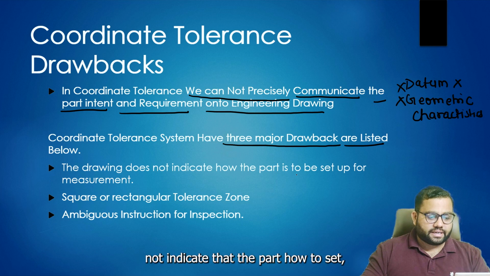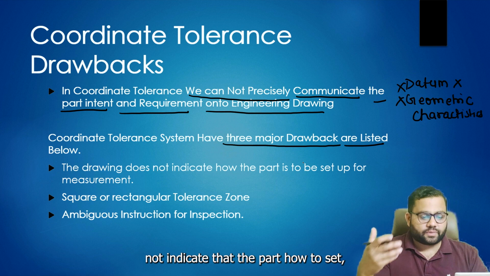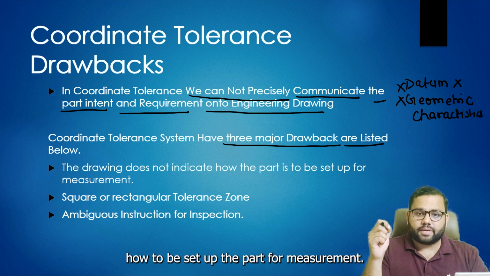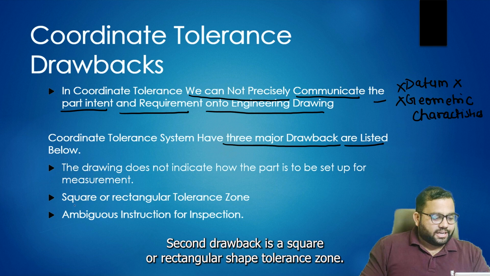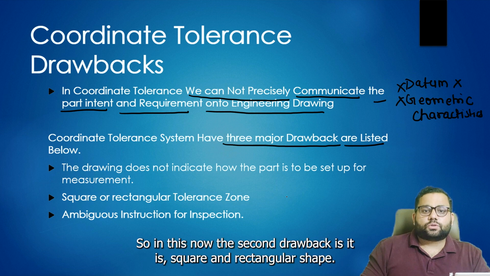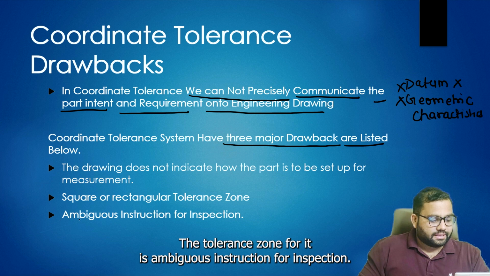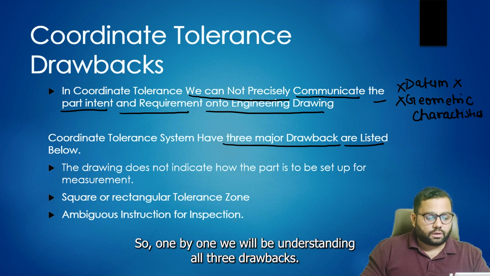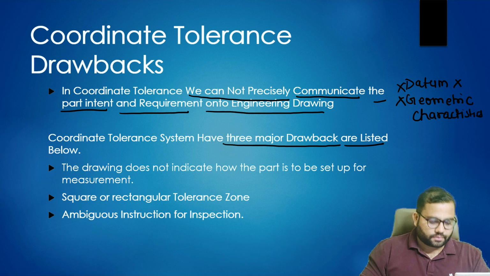So it does not indicate how the part should be set up for measurement. The second drawback is the square or rectangular shape of the tolerance zone. The third one is ambiguous instruction for inspection. One by one we will be understanding all three drawbacks.